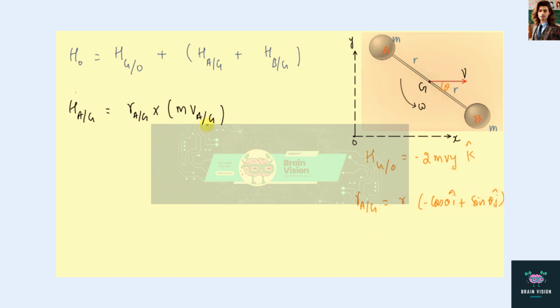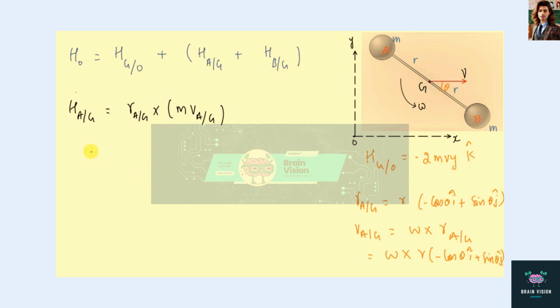Now the velocity of A with respect to G is omega cross R_A of G. So I can put the values here: omega cross r times negative cosine theta i cap plus sine theta j cap.